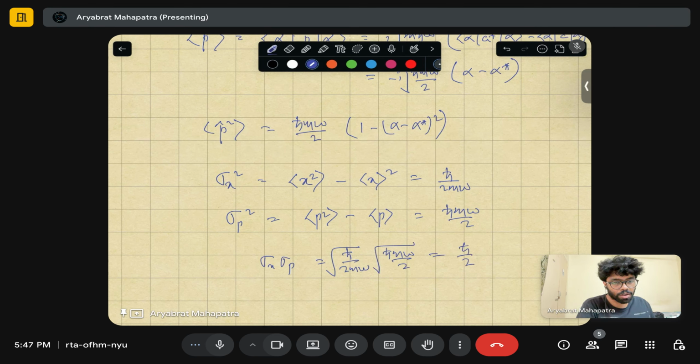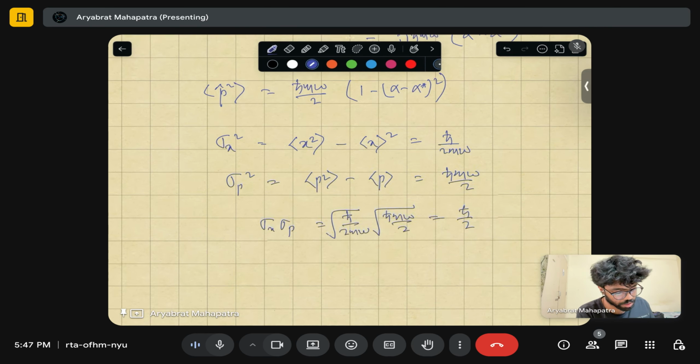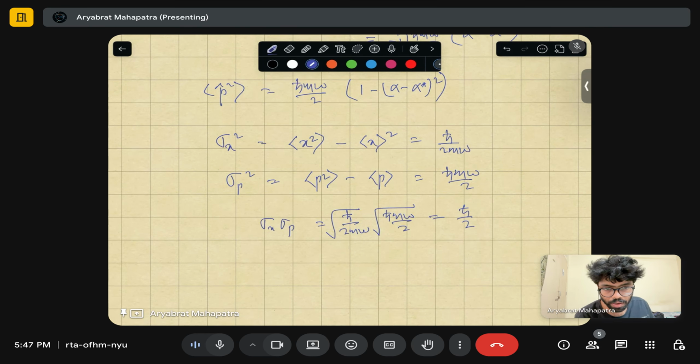And from the Heisenberg uncertainty principle, we know the minimum uncertainty associated with the measurement for a given system has to be h bar over 2. And you see, when we computed all these averages using alpha as our coherent state, we are getting this minimum uncertainty.